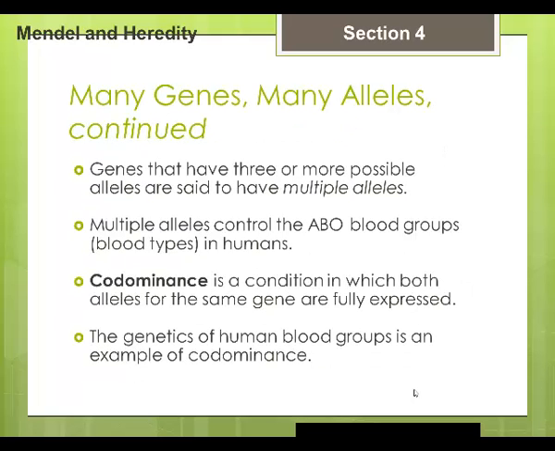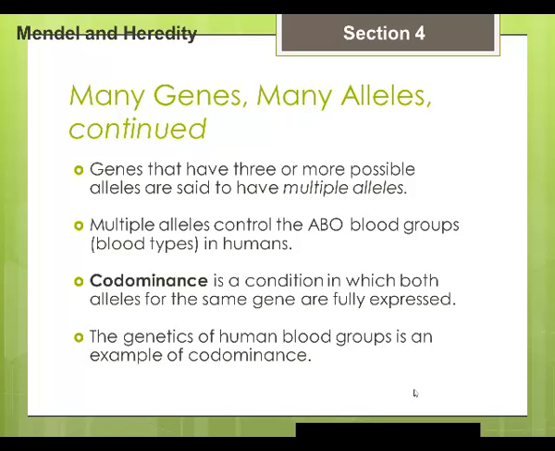Genes that have 3 or more possible alleles are said to have multiple alleles. One example of that is ABO blood groups, and we'll look at that on the next slide. You may or may not know your blood type, but your blood type is dependent upon not just 2 alleles, but actually 3 alleles.